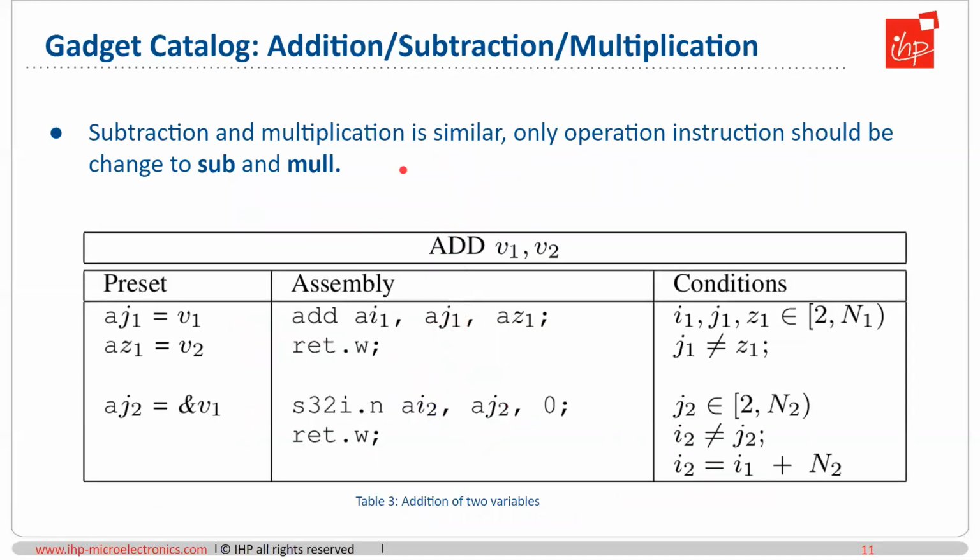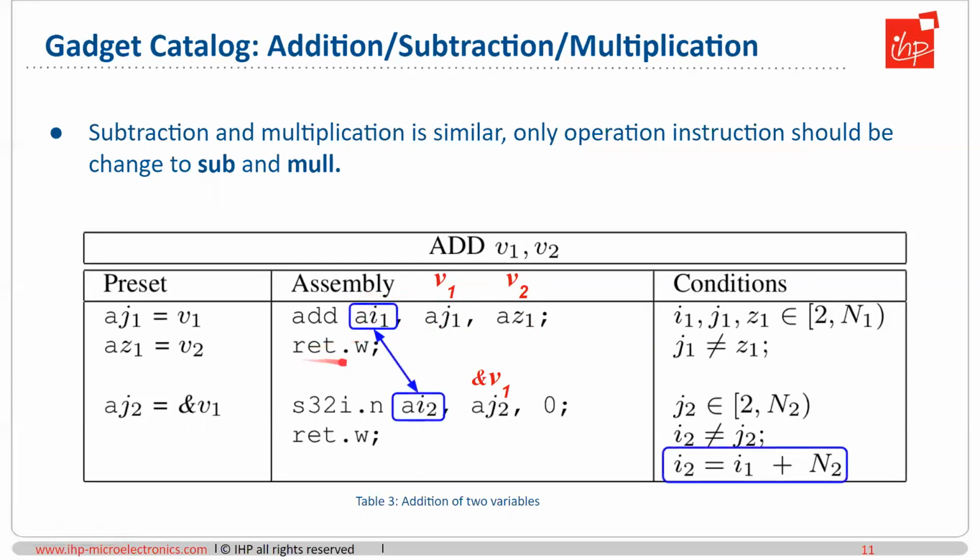Let's have a look at the addition, subtraction, and multiplication operations. So we need to add two values and save the result to the variable V1. In the present operation, we're assigning our values, and the addition operation takes two values and stores the result in the following register.